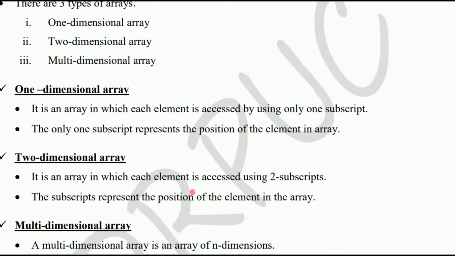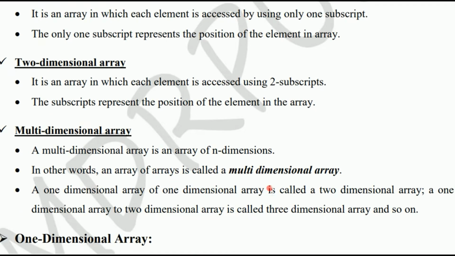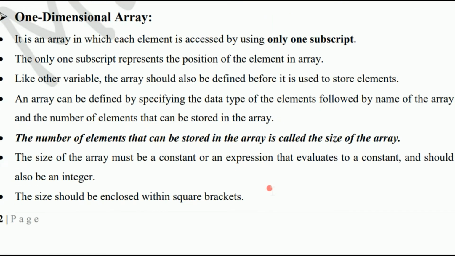That means there will be rows and columns, many rows and many columns, and each element is accessed by using the row subscript and the column subscript. And the multi-dimensional array is an array of n dimensions, that means more than 2, like 3, 4, 5.